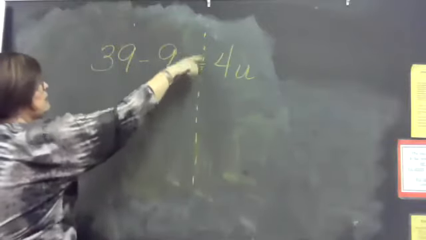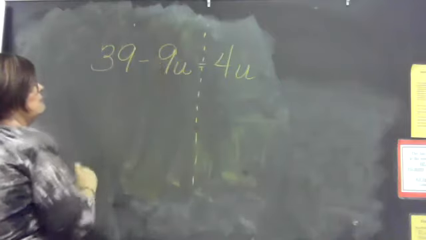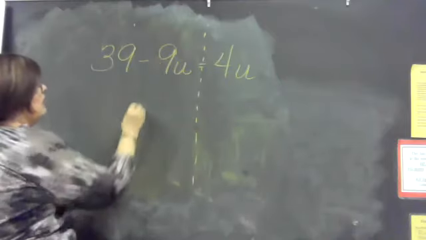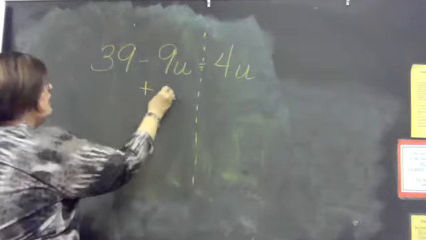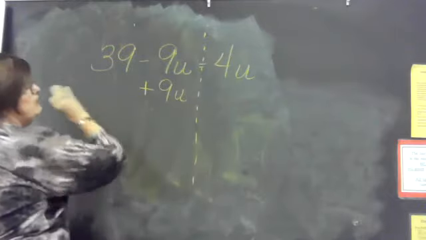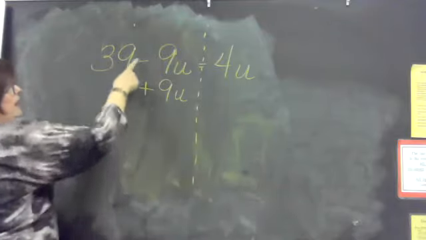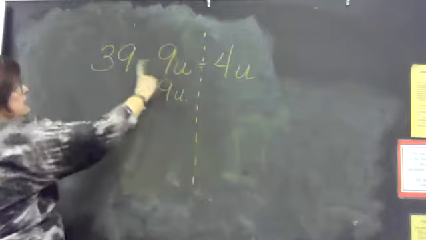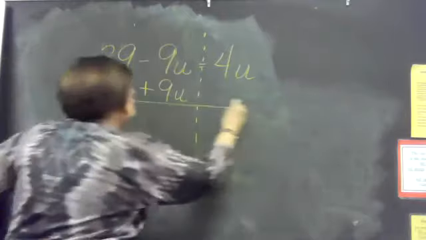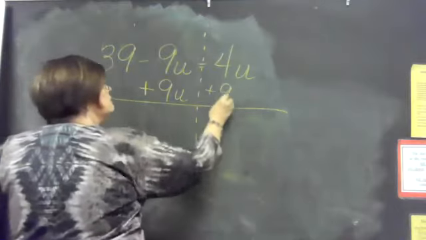And the only way that we can move him over is to get rid of him off of this side. So in this case, I'm not plussing just a 9. I want to get rid of the whole thing. I want him to go away, okay? And if I add the 9u to get him out of this yard, remember that I have to do the same thing to both sides.